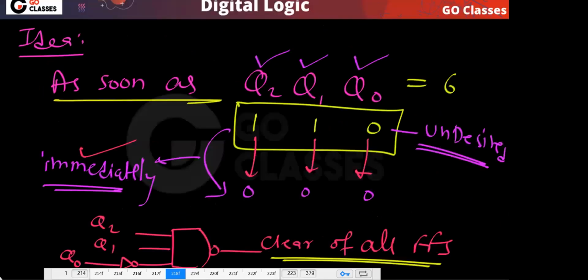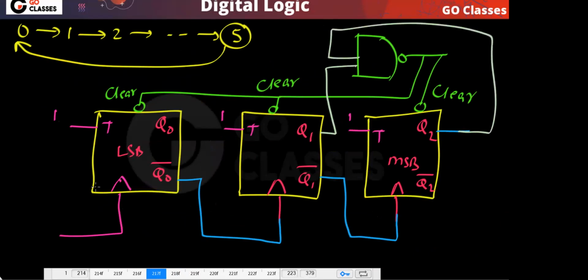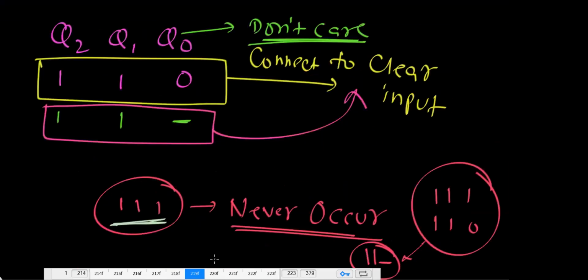So what connection can I make in this situation? I can simply make this connection. This Q1 connected here and this Q2 connected here. This connection is enough. Q2, Q1 is enough, right? Because anyway, the other case will never occur.